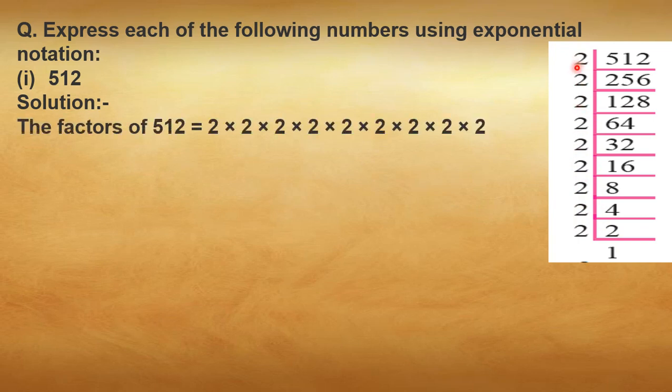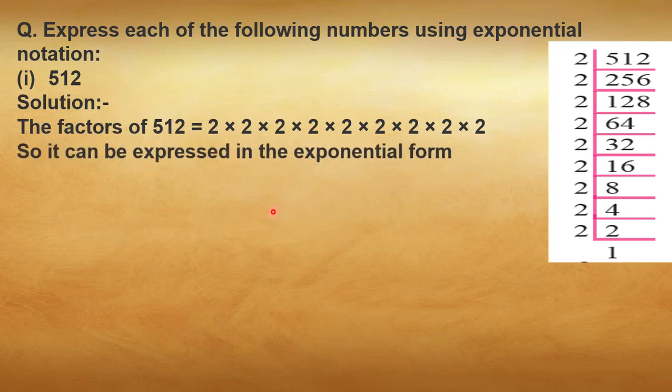So the prime factors of 512 are 2 into 2 into 2 into 2 into 2 into 2 into 2 into 2 into 2, nine times. So the exponential form of 512 is 2 raised to the power 9.